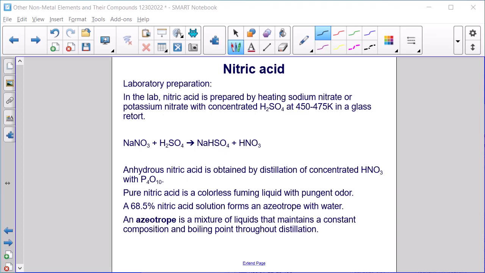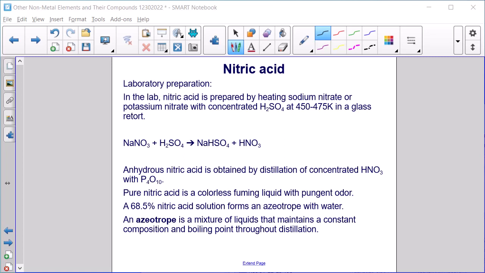Laboratory preparation. In the lab, nitric acid is prepared by heating sodium nitrate or potassium nitrate with concentrated H2SO4 at 450 to 475 Kelvin in a glass retort. Anhydrous nitric acid is obtained by distillation of concentrated HNO3 with P4O10.